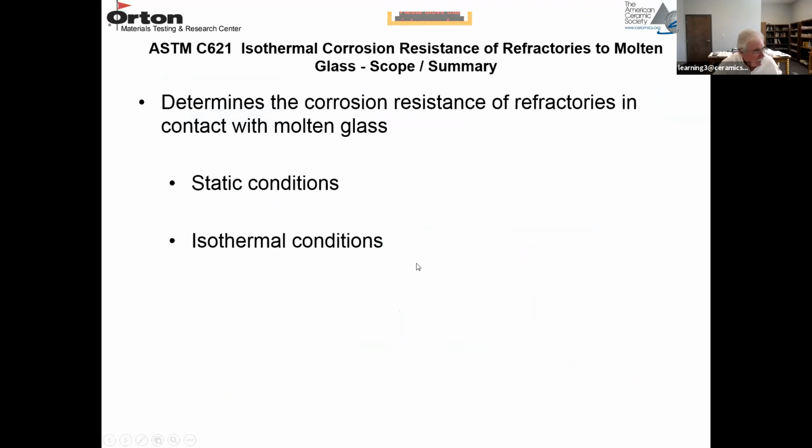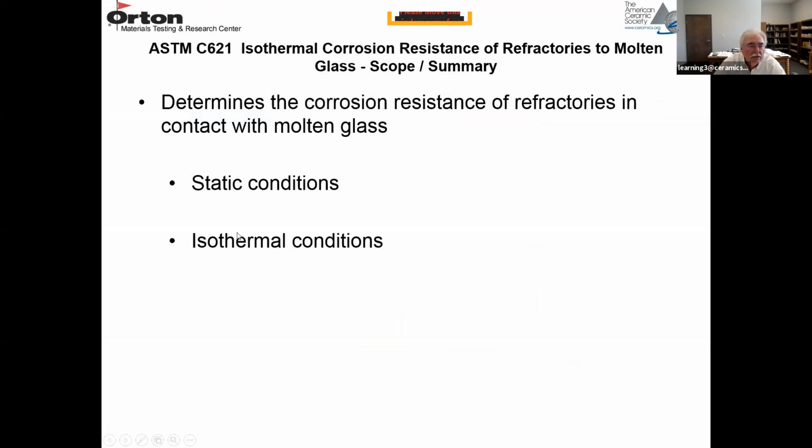There's 2 corrosion tests I think I listed here. ASTM-C 621 is an isothermal test, constant temperature. It's a static test. Nothing's moving. You're just hanging a refractory bar in a crucible of glass. This is mostly used for corrosion of refractories for glass tank applications, but you can use it for any type of application.